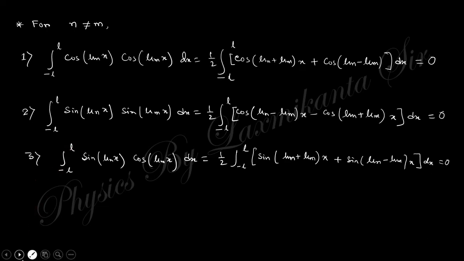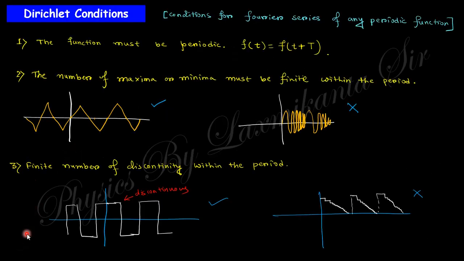That's the point, right? So you need to know about the Dirichlet condition. Any periodic function can be represented by a Fourier series when it satisfies this Dirichlet condition. Without satisfying the Dirichlet condition, it is impossible. If the periodic function satisfies the Dirichlet condition, then it can be represented as a Fourier series.